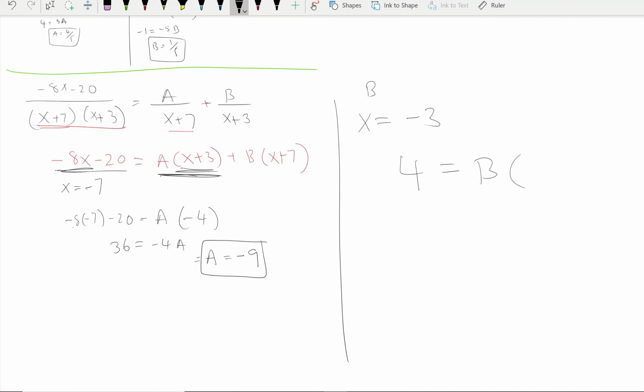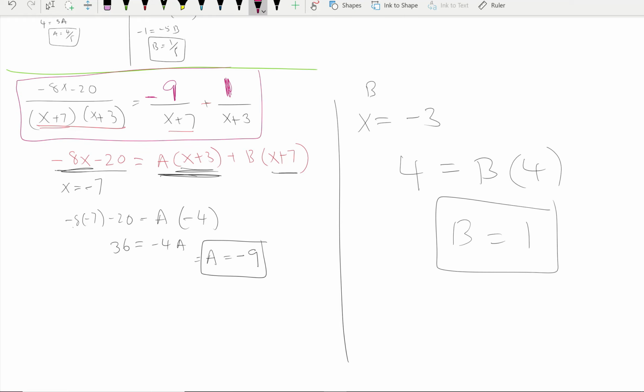So B times negative 3 plus 7 is 4, right? B is 1. 4 over 4 is 1. Good numbers. So A is negative 9, B is 1. Let's substitute them back. A is negative 9, B is 1. This is your complete decomposition. See how easy it is? Understand method 1.